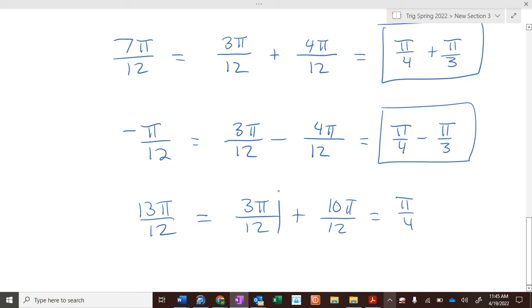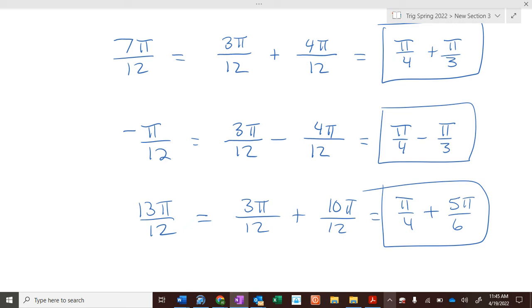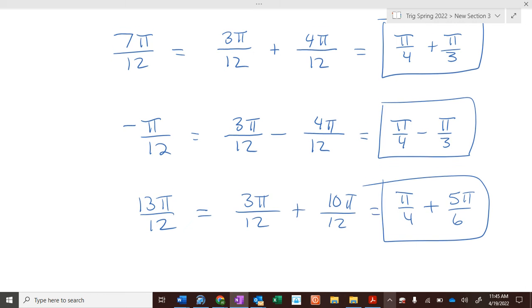Pi over 4. It's listed right there for those of you who didn't answer. Plus 10 pi over 12 is 5 pi over 6. Okay. So you should be able to work your way into figuring out what adds or subtracts to make this work.